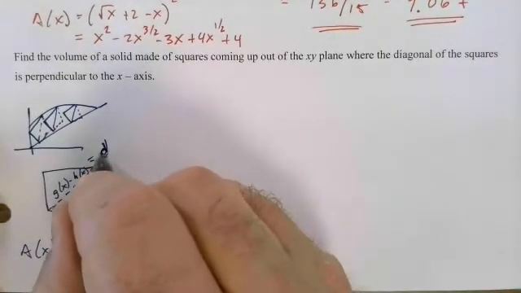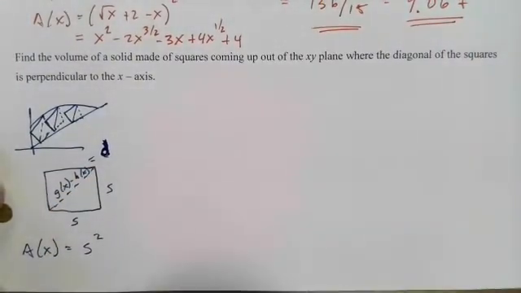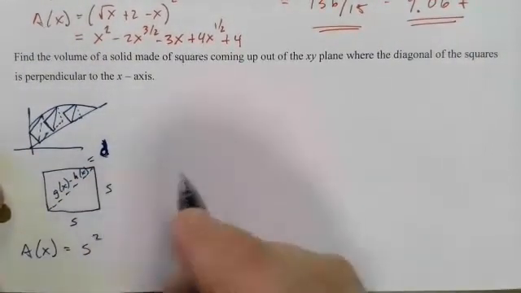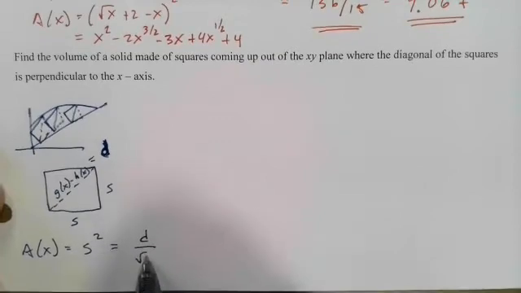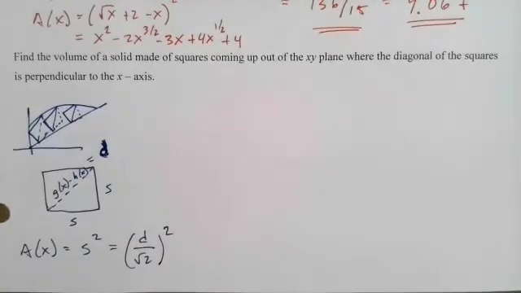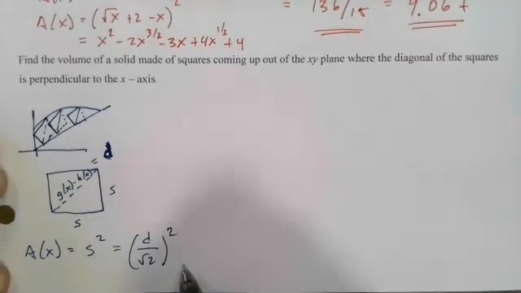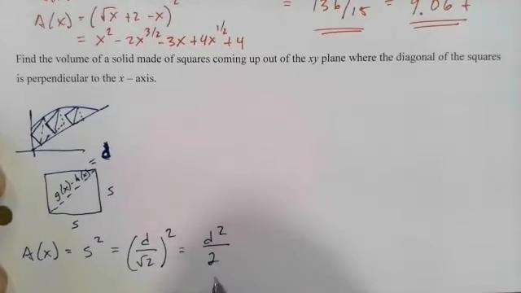All right, if I know d in a square, how do I know s and s? Now, I could go and do a long-term Pythagorean theorem, but we're smarter than that because we know it's 45, 45, 90. To go backwards, we just divide by root 2. So the side is d over root 2, squared, which is just d squared over 2.